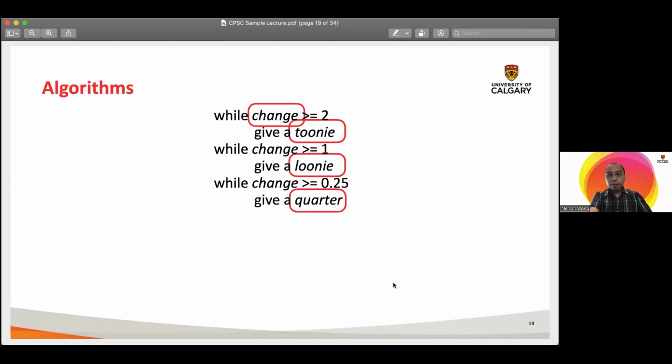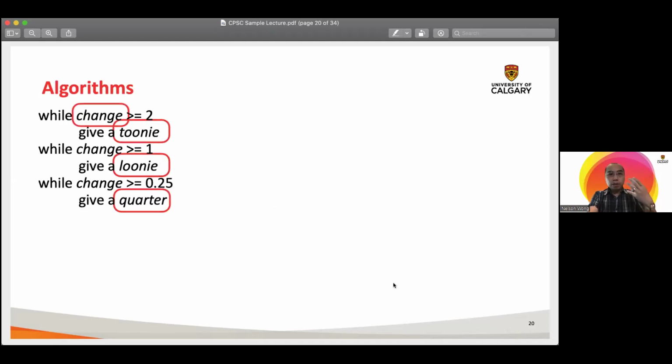Now, so this, we will need to get into a little bit more detail. And we call this kind of a little bit more detailed algorithm pseudocode. It is kind of like code, but not exactly.